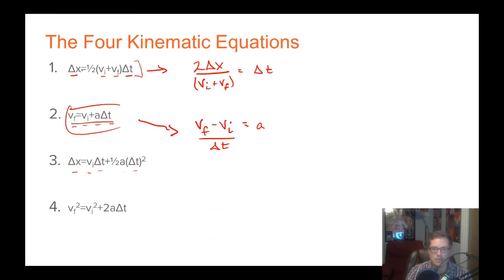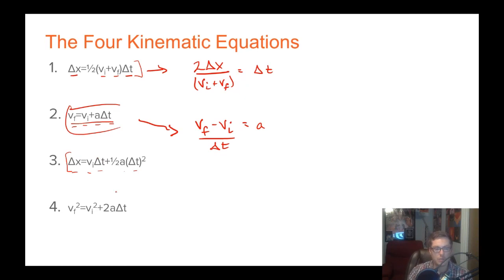Delta x equals 1/2 (vi plus vf) delta t. But that's not really going to help us, right? Because in order to use this equation, we need the final velocity. So do we have everything we need for delta x using another equation? Well, we have initial velocity because it told us we threw it 25 meters per second up.